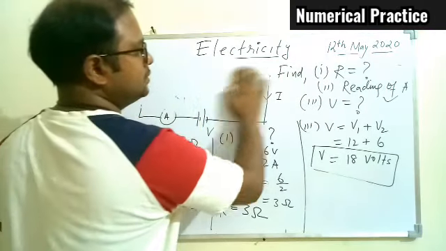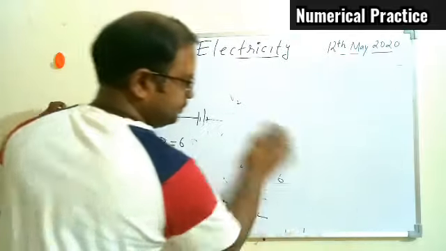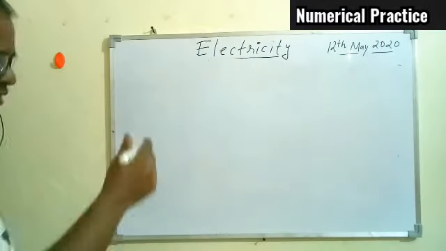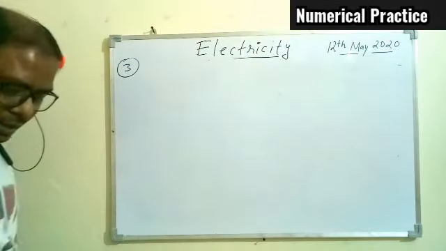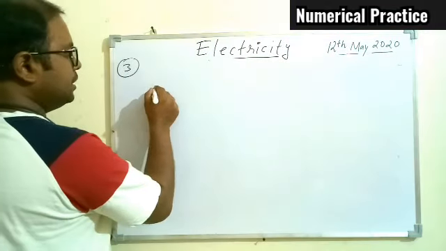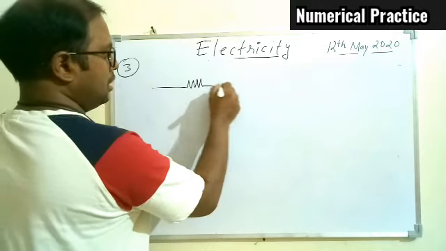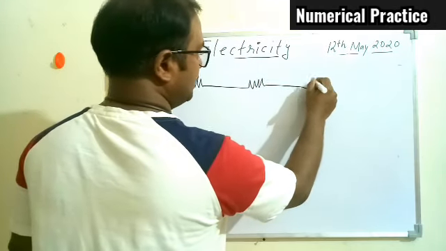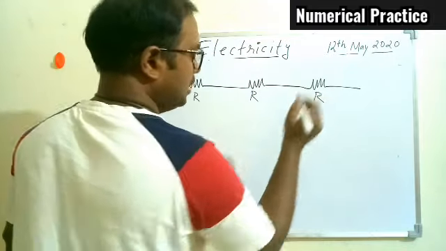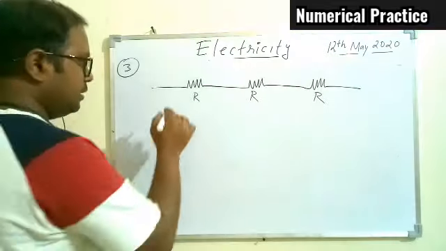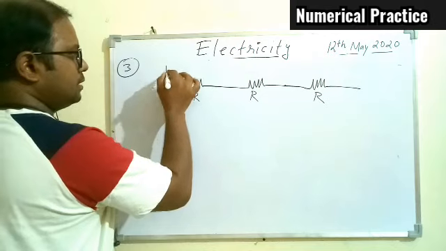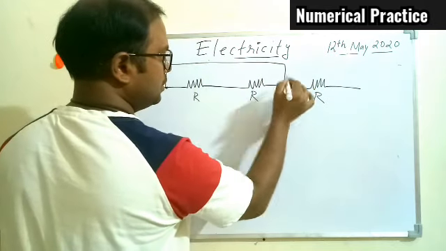Let's go for the third numerical quickly. It is given there are 3 different resistors, R, R and R, all having the same value, and there is a connection of wire, that is, a wire is connected between these 2 points.